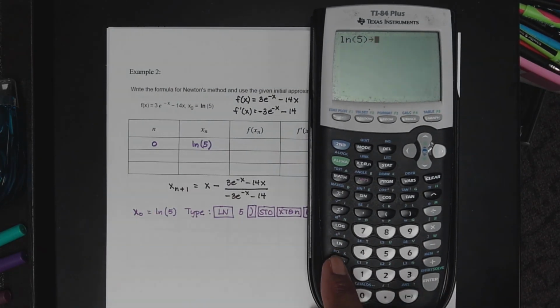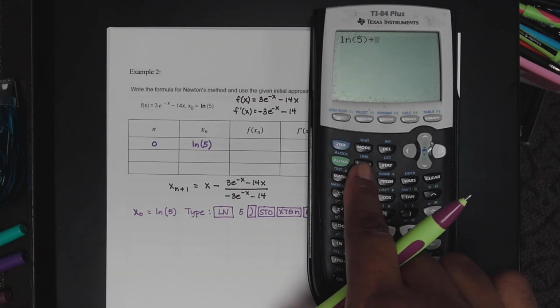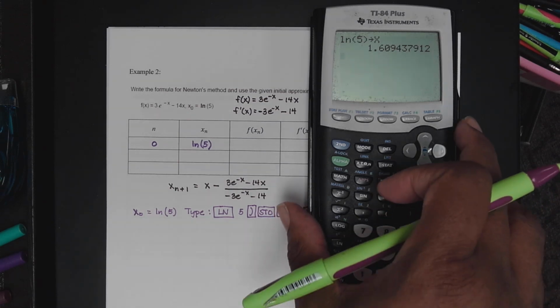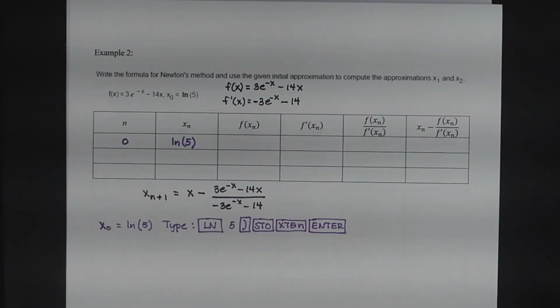I'm pressing the button that says STO on the far left-hand side to store it in x. So you'll press X,T,theta,n for the x. And then you're going to hit enter. It will give you the decimal approximation for the natural logarithm of 5. But, of course, it is stored in x. Okay?